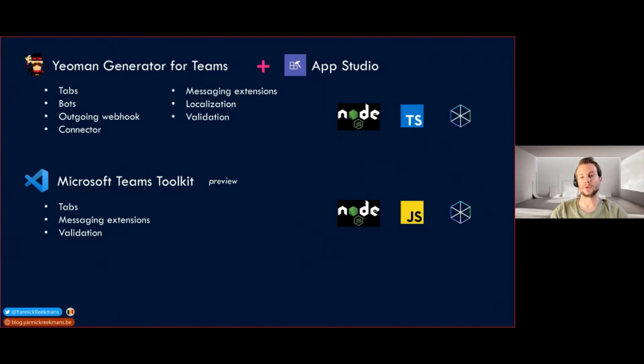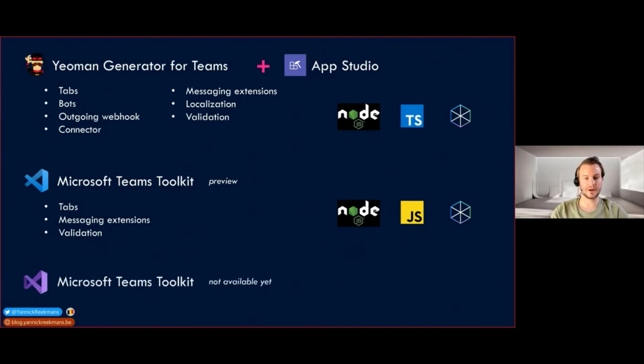So no TypeScript support here. It's a bit weird, thinking that Microsoft pushes TypeScript almost everywhere, and then for the Microsoft Teams Toolkit, the application gets scaffolded with JavaScript files. It does include Stardust components or React Northstar components, UX components as well. So for that, it's similar to the Yeoman generator.